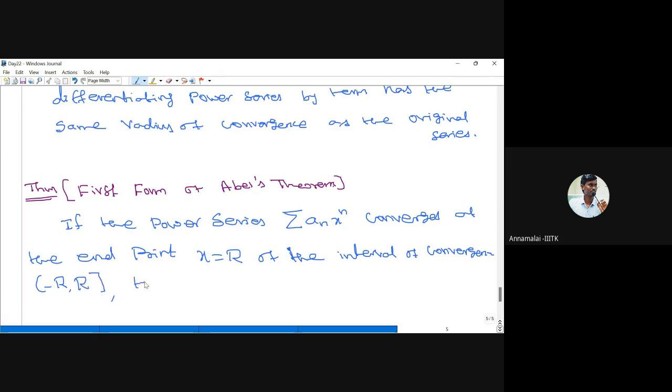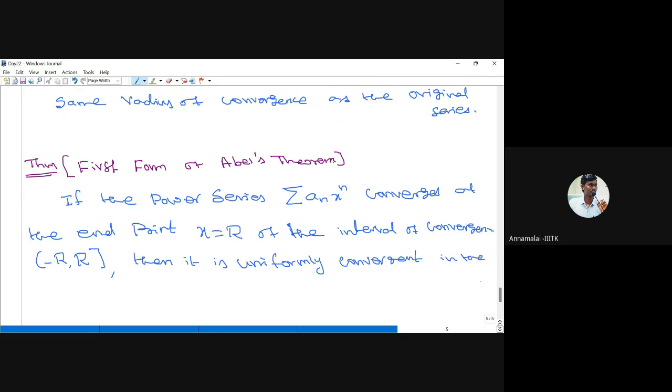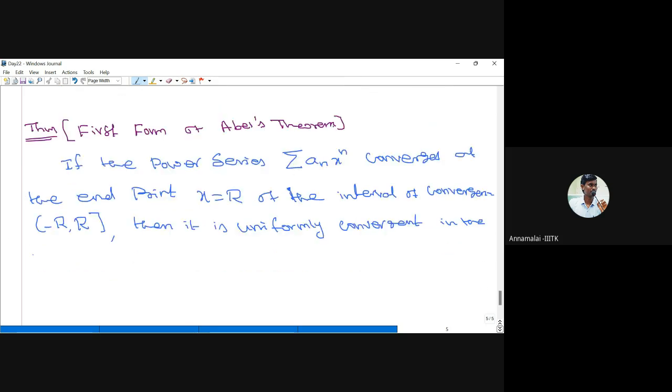Then the theorem says it is uniformly convergent in the closed interval 0 to r.